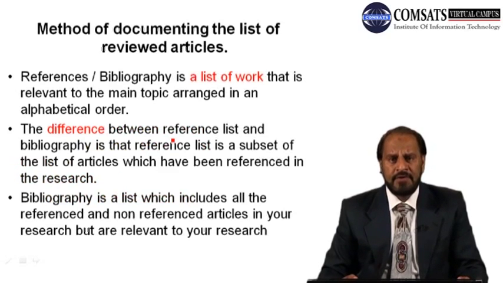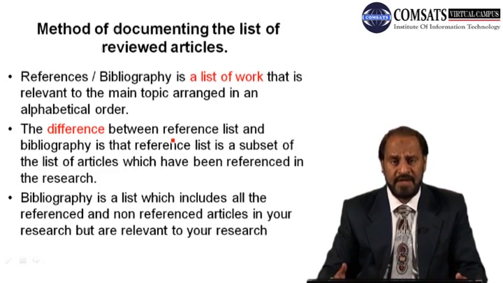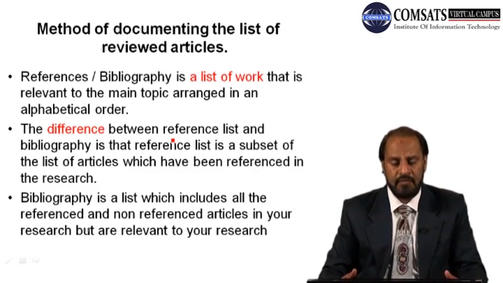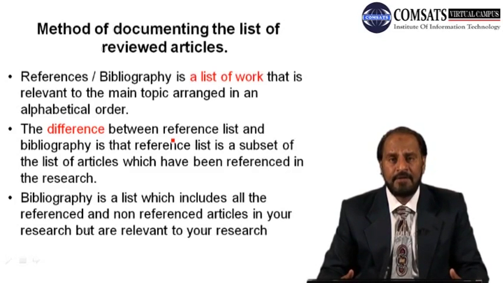Before we look at how we structure our review, let's look at how we develop a list. While developing a reference list, or there's another terminology which is called the bibliographic list, it is a list of work that is relevant to the main topic, arranged in alphabetical order.